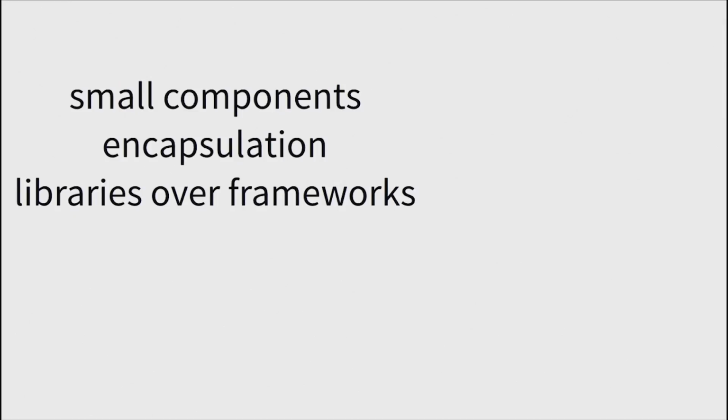Because if we want to change our code, and we always want to change our code, as soon as we write it, we need to change it. We wouldn't have a project otherwise. Then we need to have a model of the code in our heads. Code by itself is not nearly as powerful as code plus the model of it that exists in a person's head, because this is how we learn.